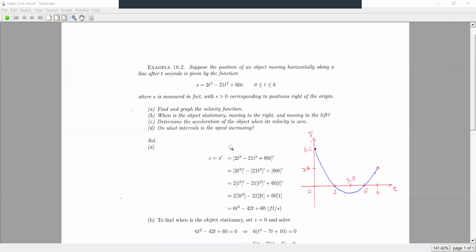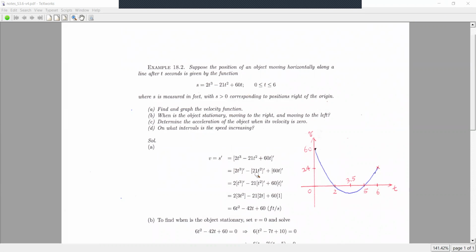By fact number 2, derivative of position is velocity. So to get the velocity function, we take the derivative of the position function. By subtraction and summation rules of derivative, we have this equation.